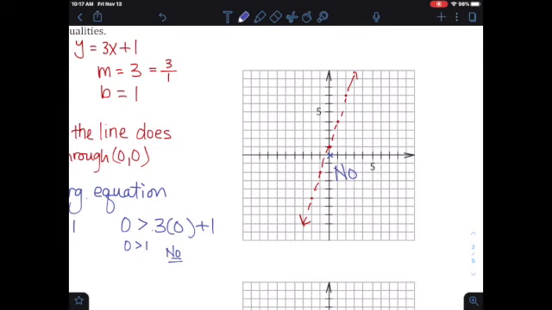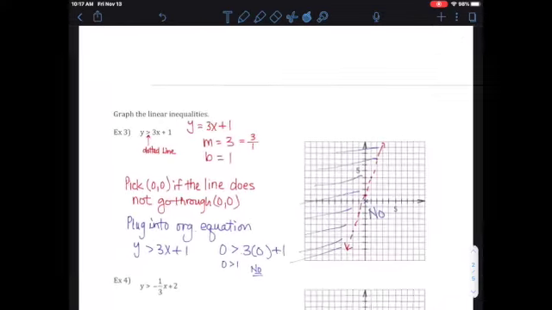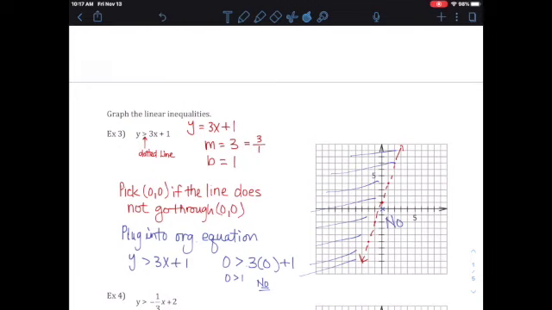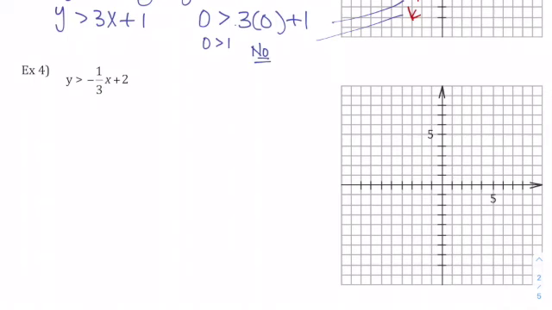So the point I picked, that side is no. The yes side is going to be over here. And that's all. Only shade the yes side. And that is how a graphing inequality gets done. Okay? All right, let's try another one.